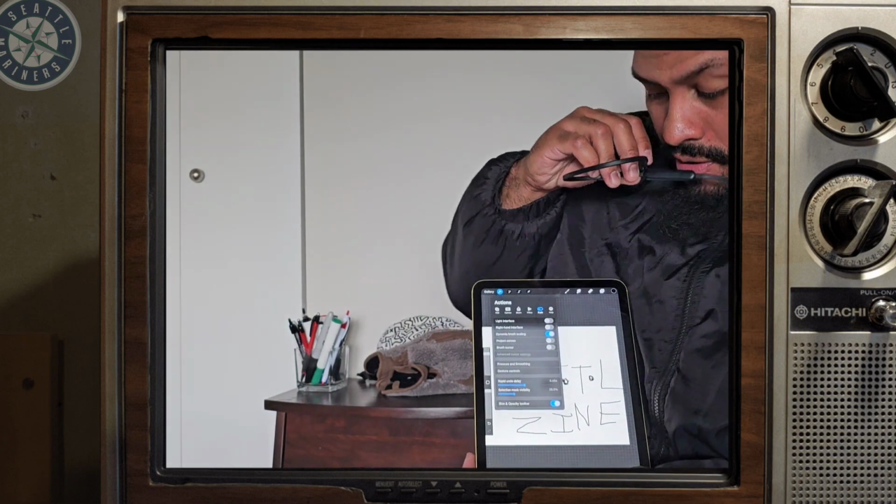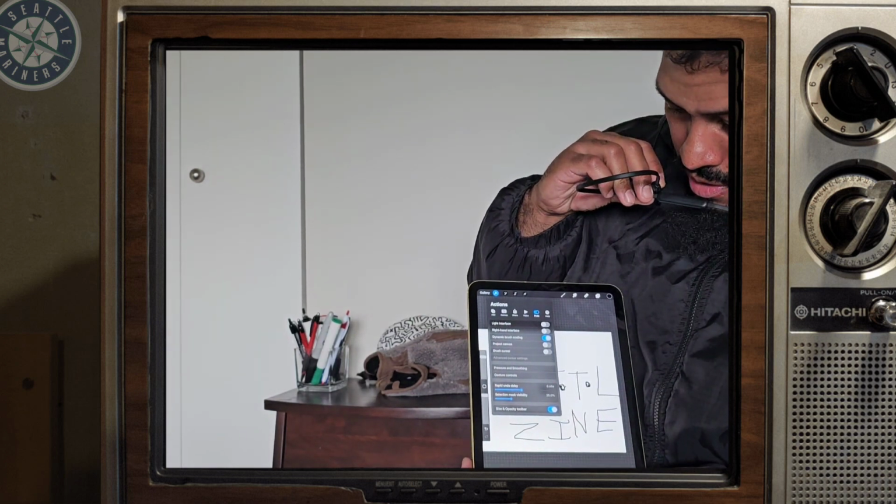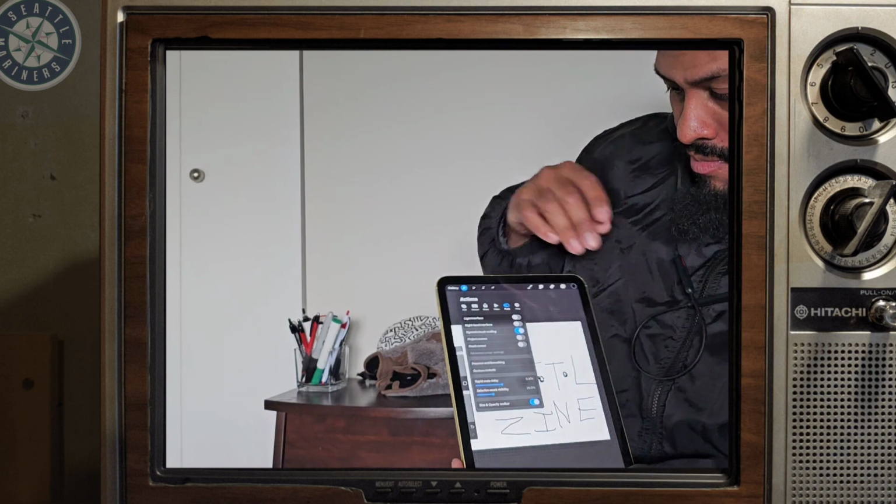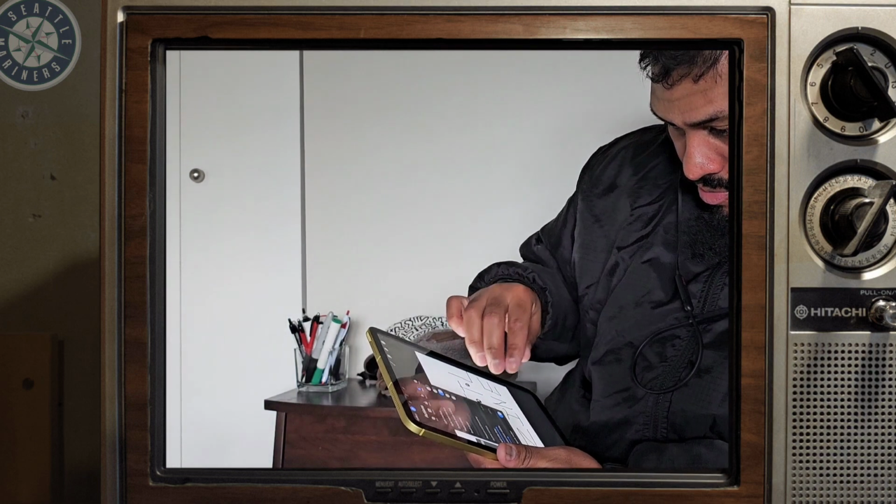All this stuff right here, I don't even know what it does yet. So let's see. Light interface, right hand interface, dynamic brush scaling, project canvas, brush cursor, advanced cursor settings, pressure and smoothing, gesture controls, rapid undo delay, selection mask visibility, size and opacity, toolbar.